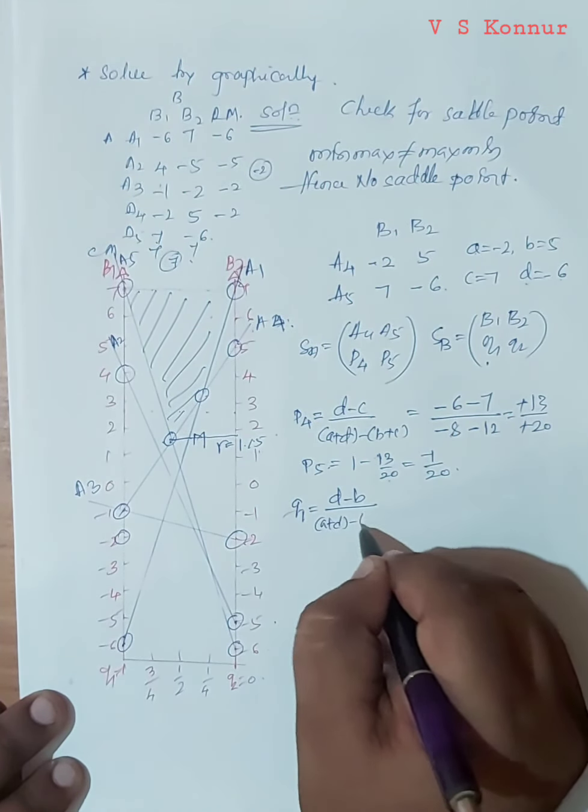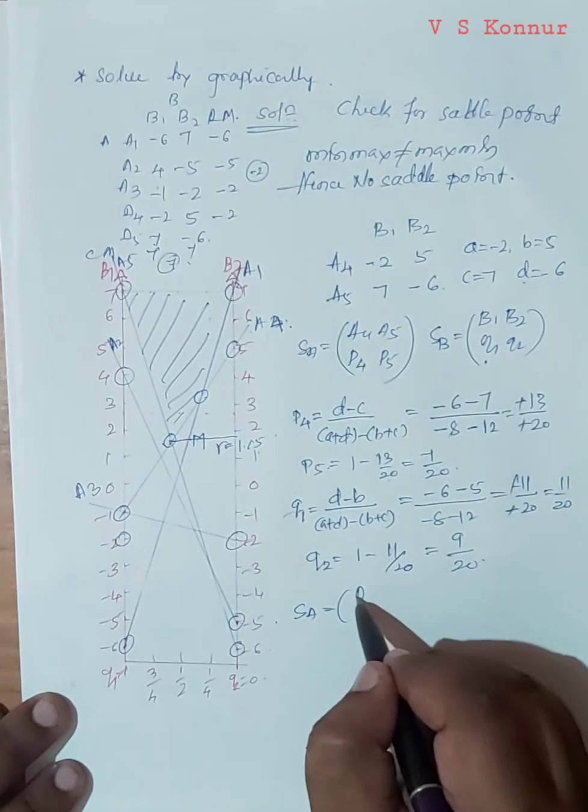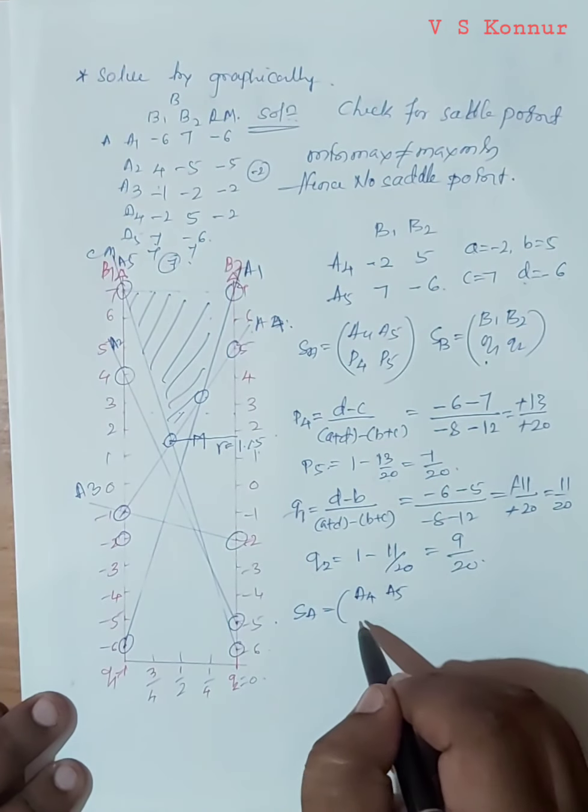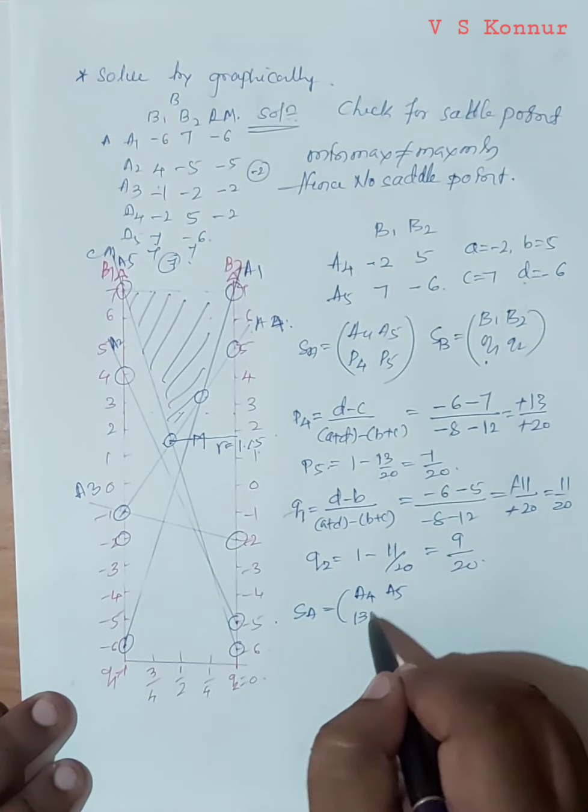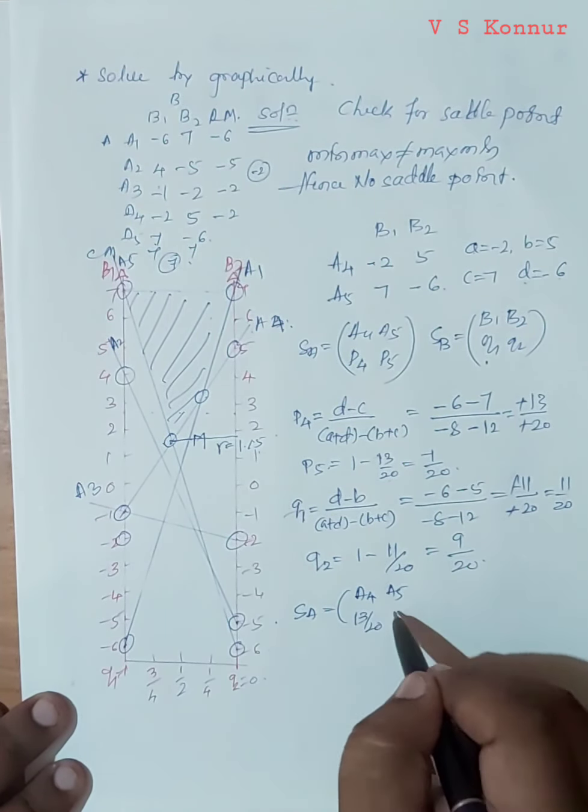Now we have to write the probabilities. A4, A5, that is nothing but 13 by 20, 7 by 20. B1, B2, 11 by 20, 9 by 20. Next, find the value of the game.